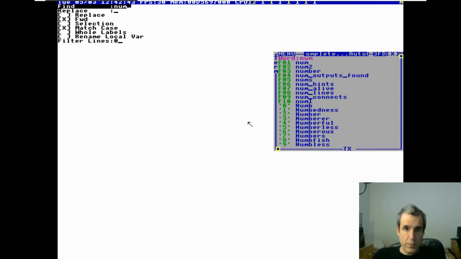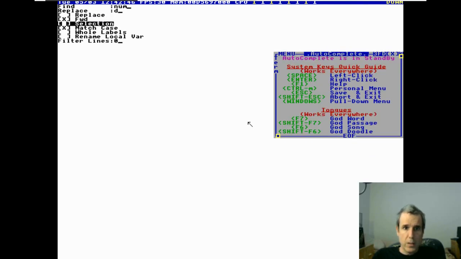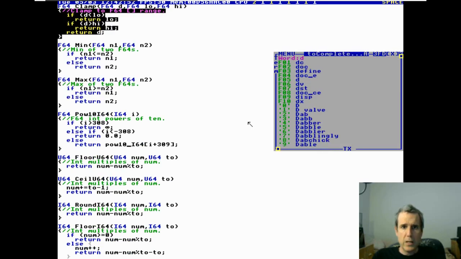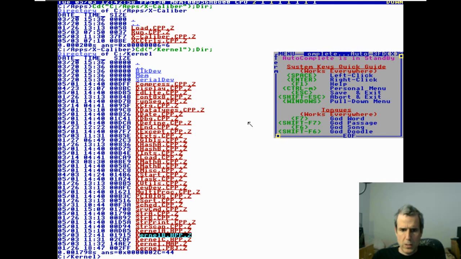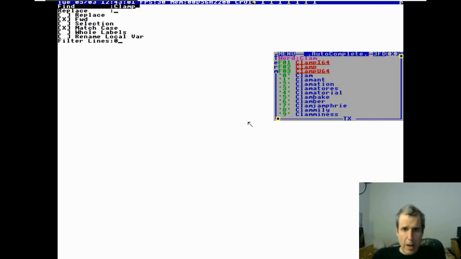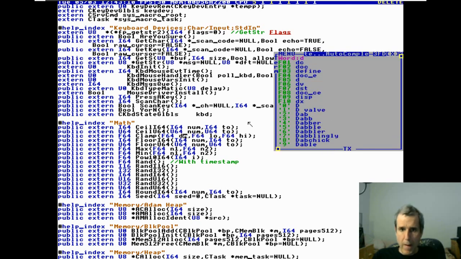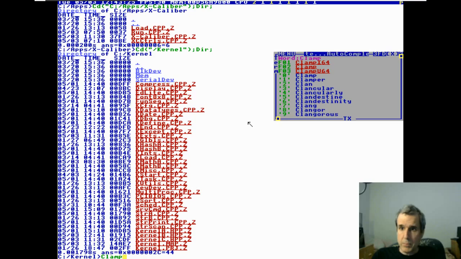Control F, number D, rename local variable. Okay. So, clamp. Oh, well, that's kind of bad. D. Those should say number. Okay. So this is D. And clamp.